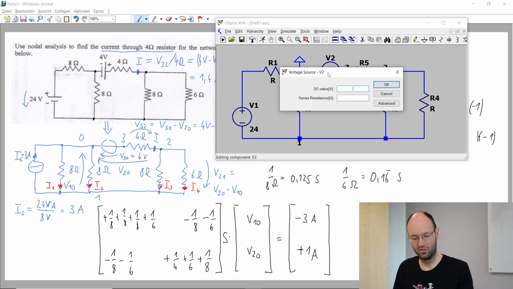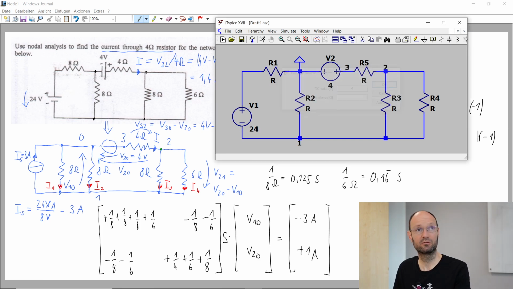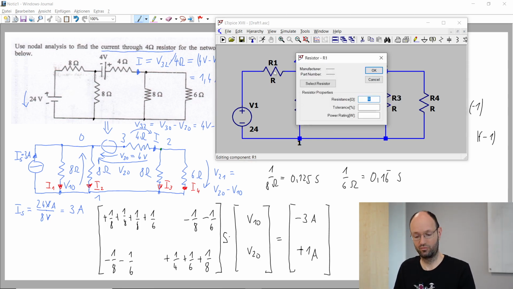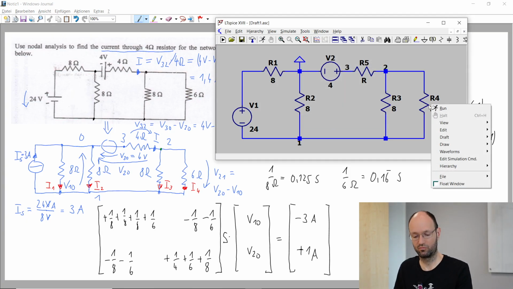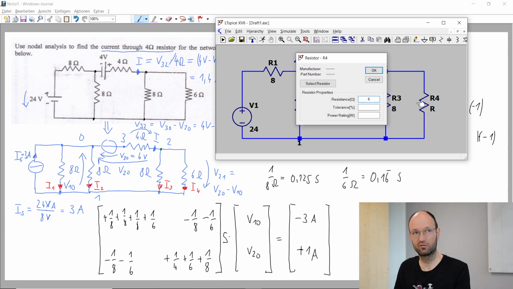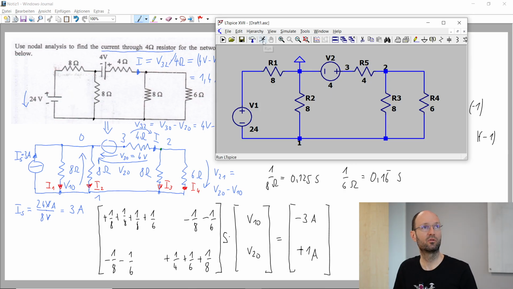This should be 4, and this should be 8 ohm, this should be 8 ohm, this should be another 8 ohm, this should be 6 ohm, and this should be 4 ohm. And then we should be more or less ready to go.